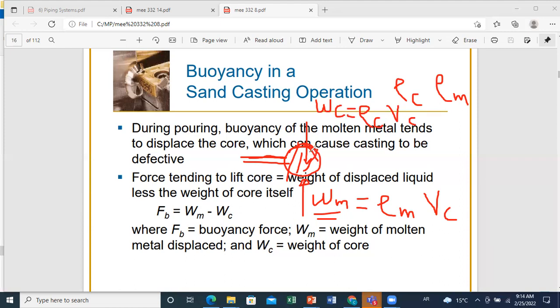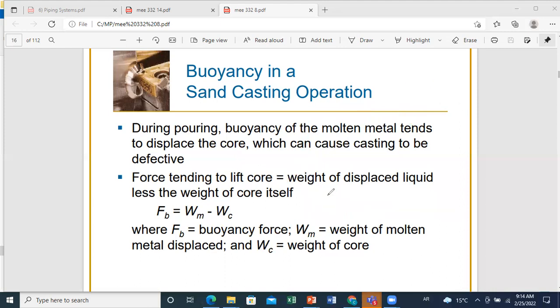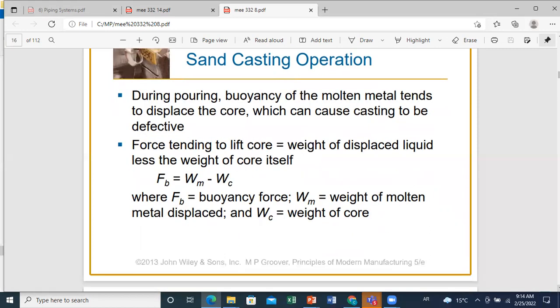So we say that buoyancy is the force tending to lift the core, and it's calculated as the weight of displaced liquid less the weight of the core itself. Now, in case the density of the core is larger than the density of the metal, then the core will tend to move down. So you can have the buoyancy up or down depending on the difference of densities between the core and your molten metal.